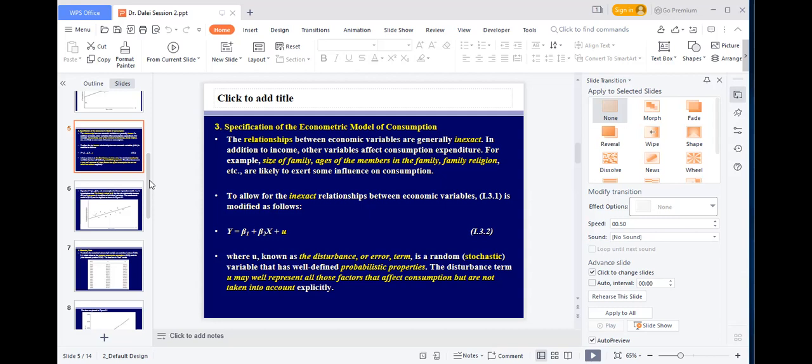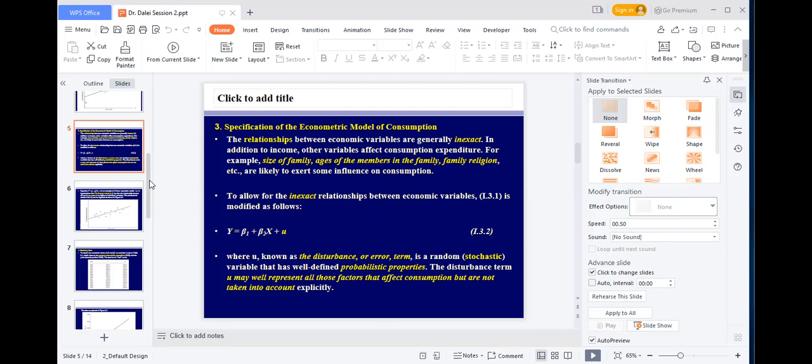There are many other factors, for example size of family, age of the members in the family, family religion. So along with income, some other factors are also impacting consumption expenditure.